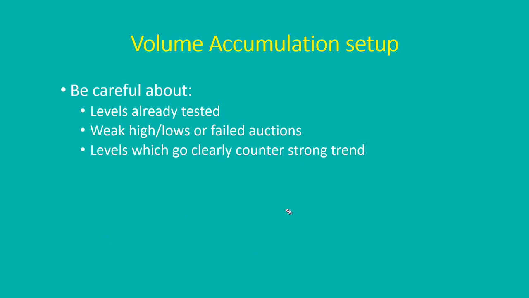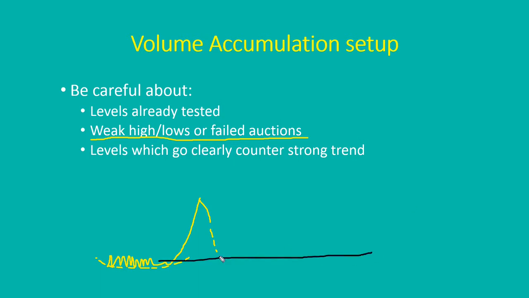Second thing which you need to be careful about are weak highs or lows or failed auctions. So if there is some rotation, but it's sort of a weak low in here, then it's very risky to enter the level in the rotation, to enter the long from there.